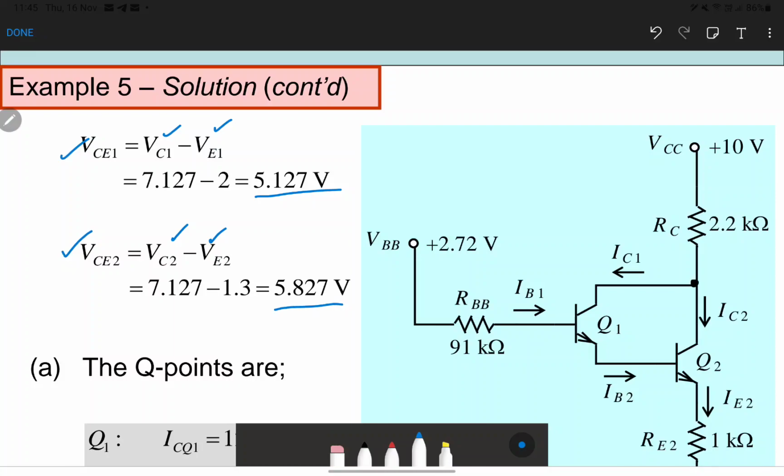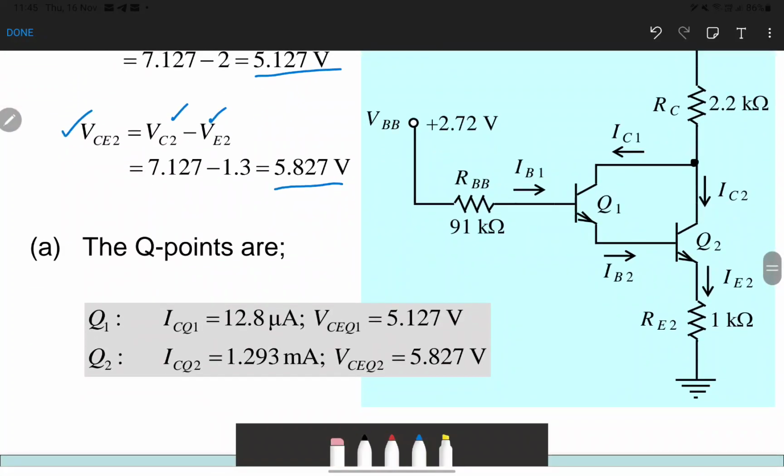Now you got the new Q point for Q1 and Q point for Q2 by matching ICQ1 and VCEQ1, and for Q2 ICQ2 and VCEQ2.